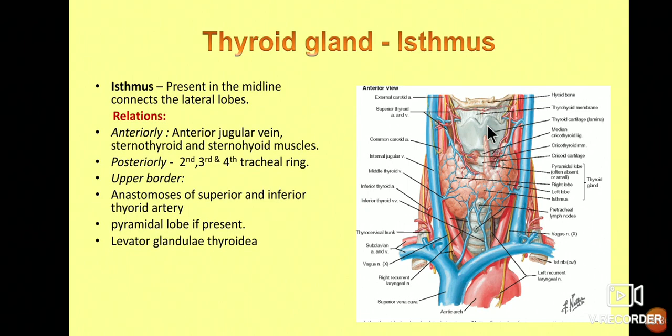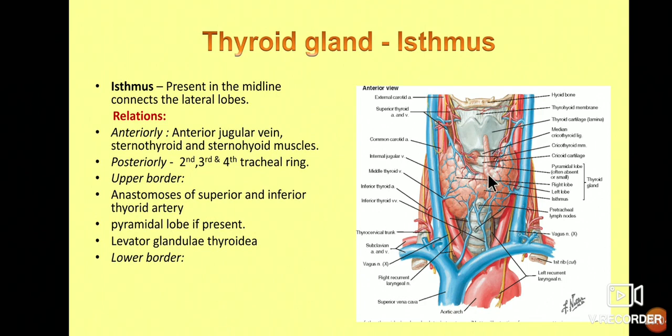The external laryngeal nerve, which supplies the cricothyroid muscle, also gives some nerve fibers to these muscle fibers. Some authors consider that the levator glandulae thyroideae is not a remnant of the thyroglossal duct. So that is about the pyramidal lobe and the levator glandulae thyroideae.